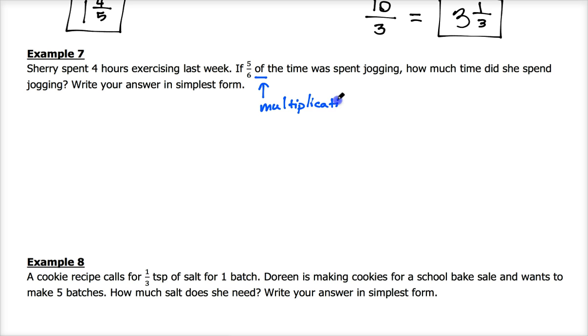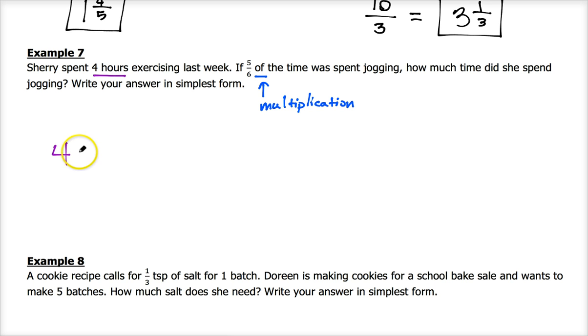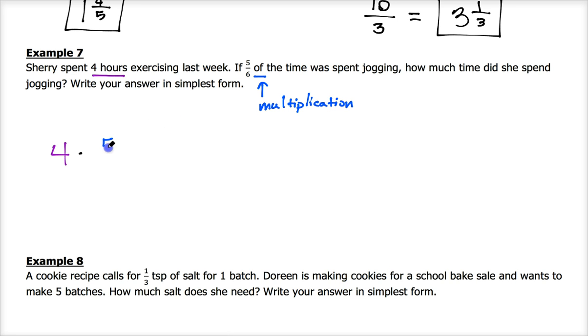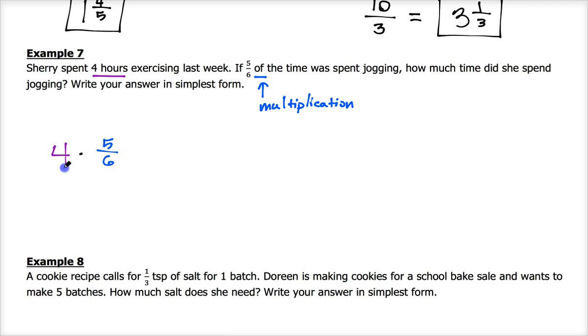So if I see that she spent a total of 4 hours exercising and 5/6 of that time was spent jogging, that means I need to take the whole number 4 times my fraction 5/6. So I'm going to place 4 over 1, so this will be 4 over 1 times 5 over 6.